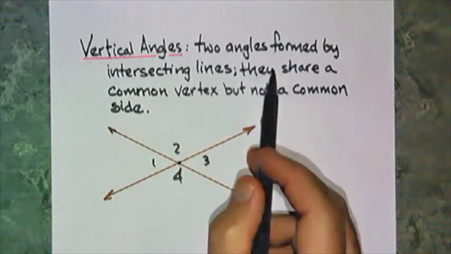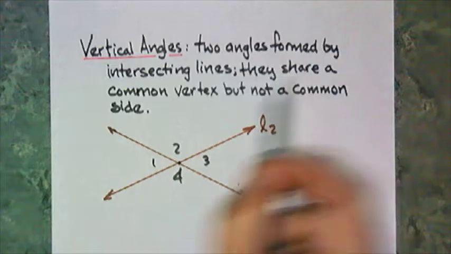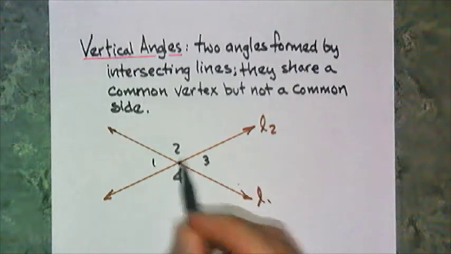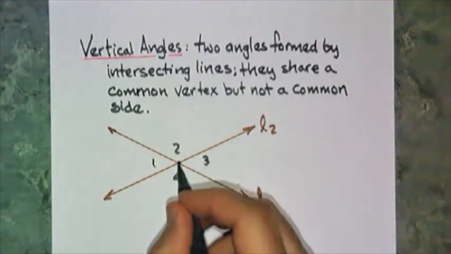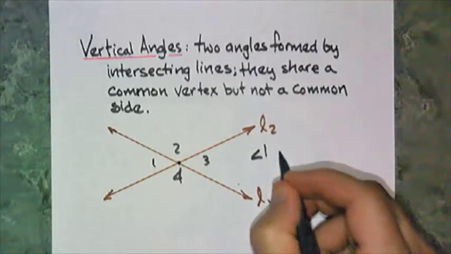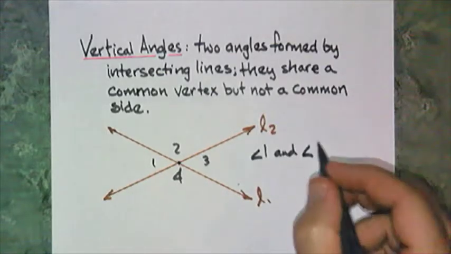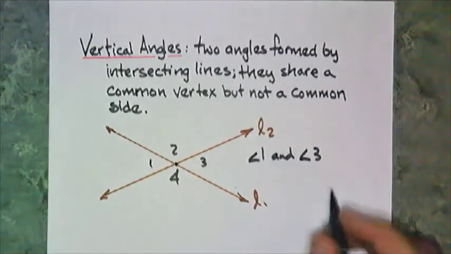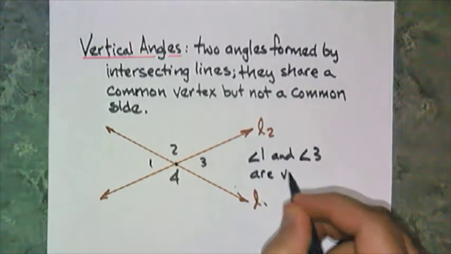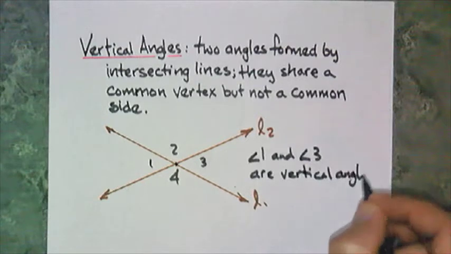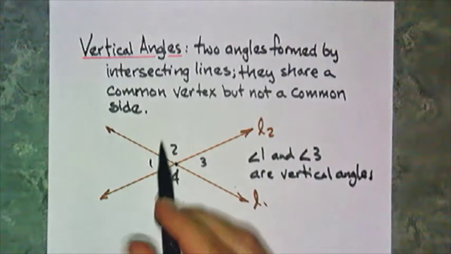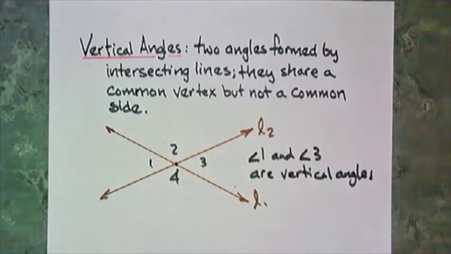Now, these share a common vertex right here, but not a common side. So we're going to look at angle 1 and angle 3 are vertical angles. Likewise, angle 2 and angle 4 are vertical angles.